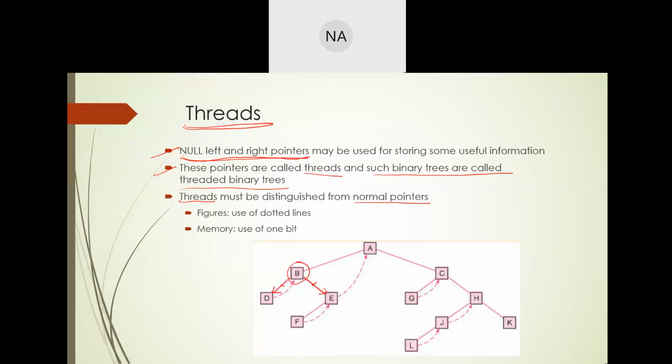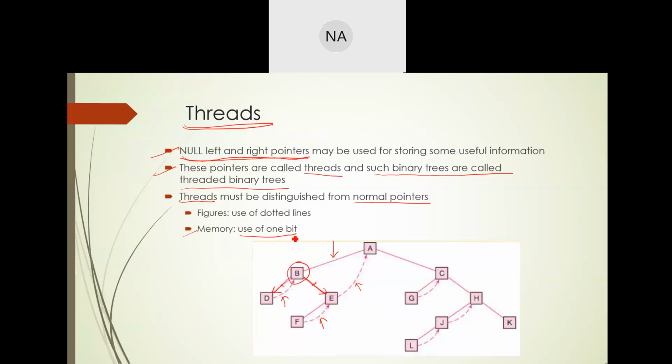In the figure, we use dotted lines to denote the threads. Here this is a thread pointer, another thread pointer from node F to E, from node E to A. These are shown with dotted lines, and the normal regular pointers are shown with solid lines. In memory, these are distinguished from the normal pointers by using a single bit.